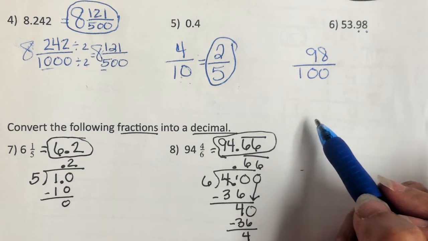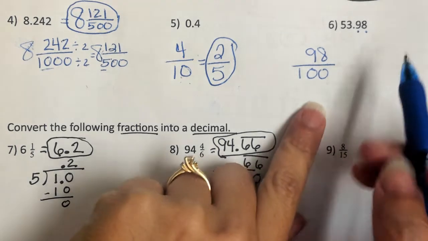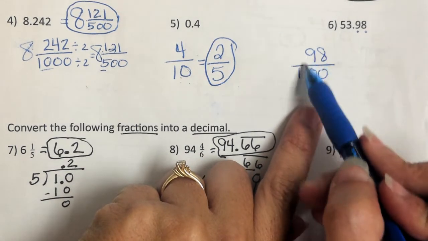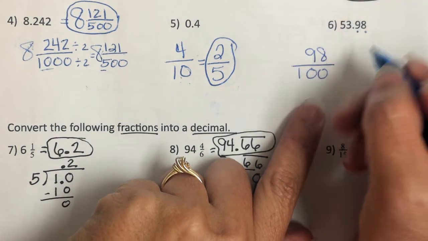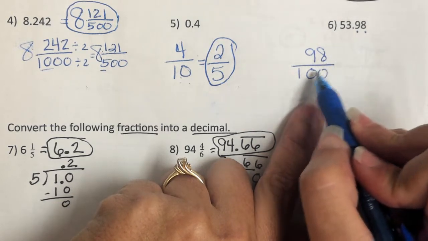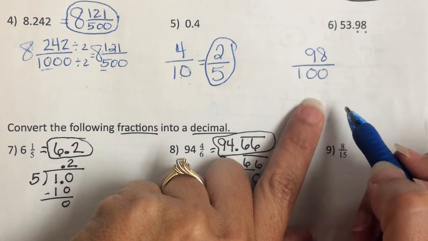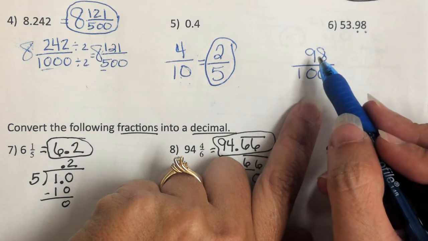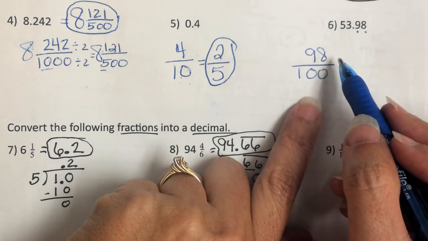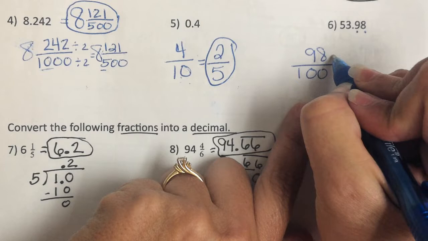It's kind of a trick if you really want to see it. Okay? Now, what simplifies these two numbers? 10 would do this one, but it wouldn't do that one. Does that make sense? 10 would go into 100, but 10 wouldn't go into 98. It's got to be even. That's going to be the biggest part.